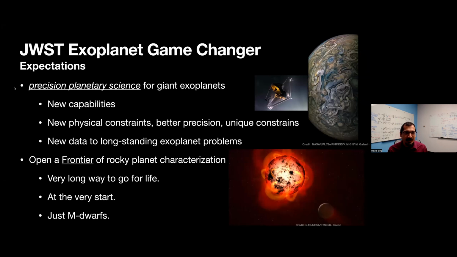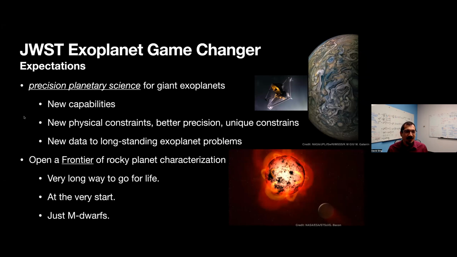So for JWST, we really want to see new capabilities, giving new physical constraints and better precision, and also unique constraints, learning things we couldn't do before. And we want to definitely have new data on very long-standing exoplanet problems. We really want to crack open how these giant planets work.